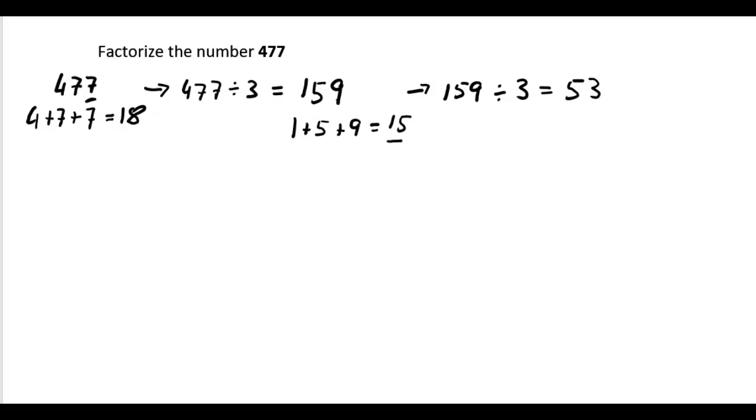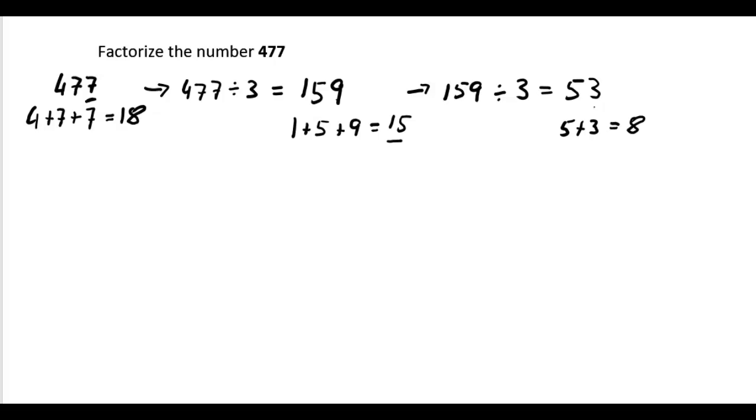Now 53, this last number is again an odd number, so we can't divide it by 2. By 3, let's see, 5 plus 3 gives us 8. Now 8 cannot be divided by 3, so we can't use 3 to divide it. The next prime number would be 5.